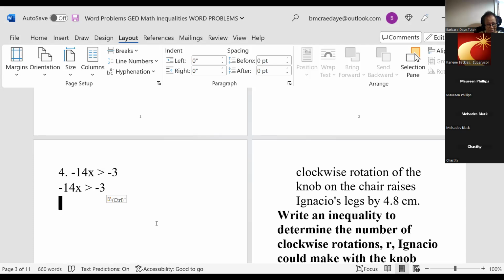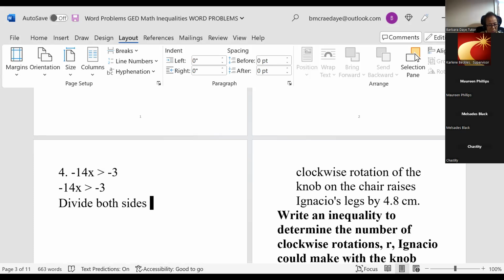Mercedes, you keep getting your operations mixed up. It's not adding, it's not subtracting. Minus 14x means minus 14 times x. What's the opposite of multiplication, Mercedes? Divide. So what would you divide? I'm going to divide 3 on both sides. You're trying to get x on the left, Mercedes.